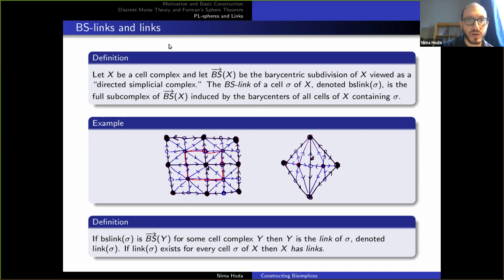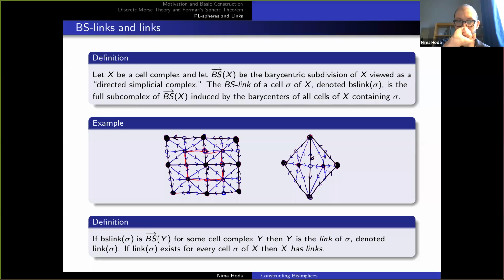Okay, so let X be a cell complex, and let BS of X be the barycentric subdivision of X, viewed as a directed simplicial complex. What I mean by that is that the edges between barycenters are going to be directed from the cell of higher dimension to the cell of lesser dimension.